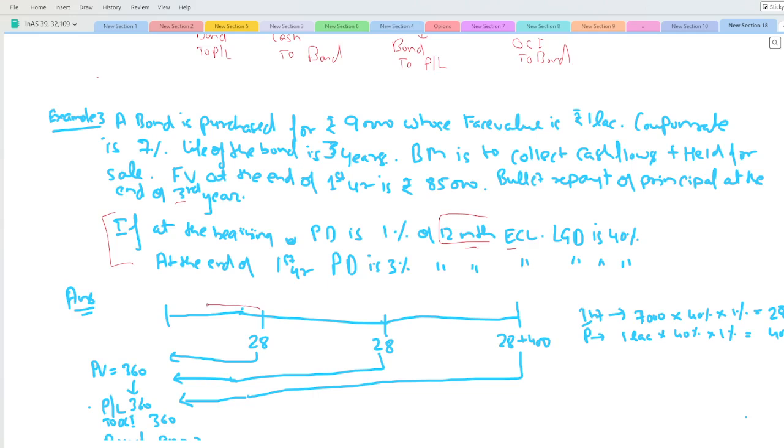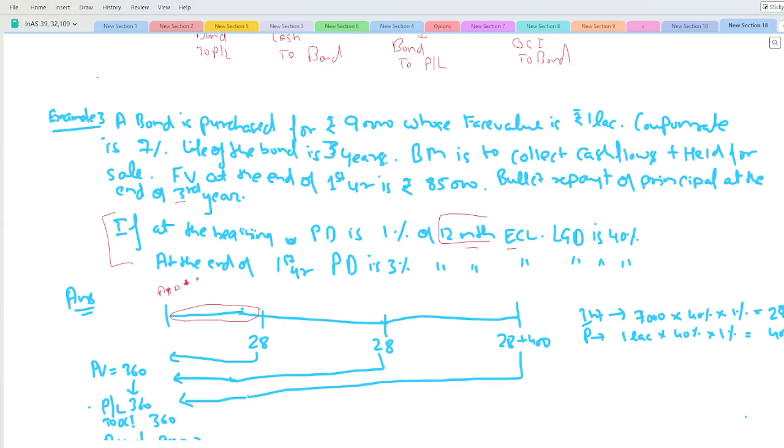During this first year, whatever your default event is, suppose your default event is that the credit rating is going down. Currently at inception, your credit rating is triple A plus, your external rating, and the credit risk deterioration is what it is talking about.